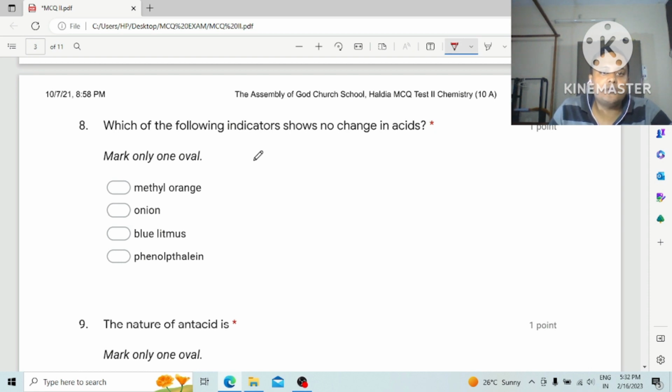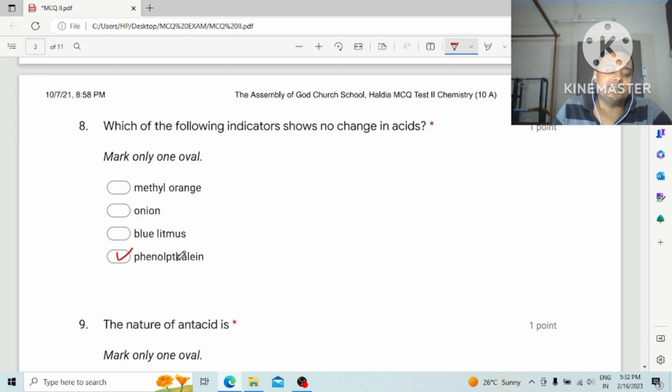Next, which of the following indicators shows no change in acid? Phenolphthalein. Now see, one table is given of different indicators and their colors in neutral, acidic and basic medium. Try to remember. Phenolphthalein: neutral colorless, in acid colorless, in base violet.